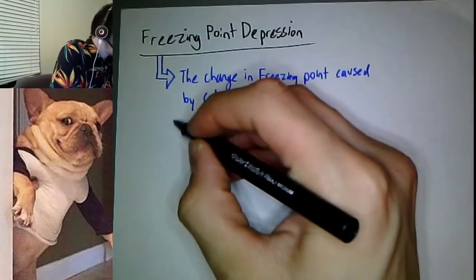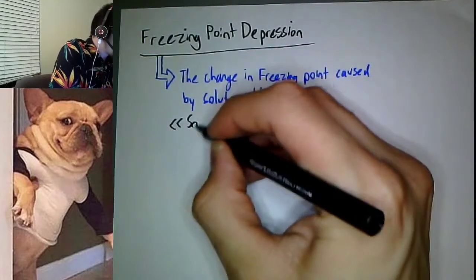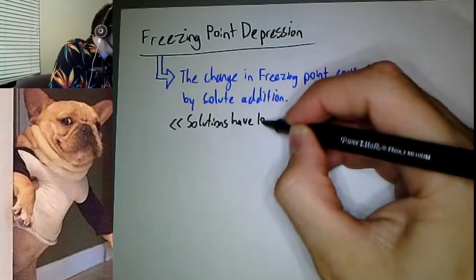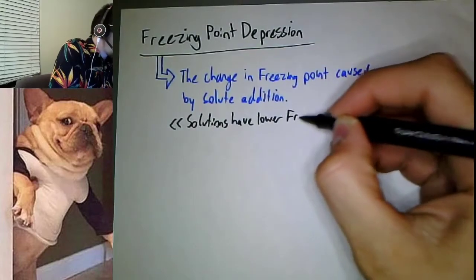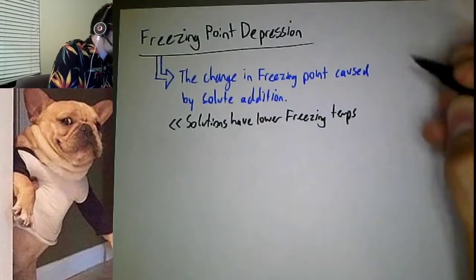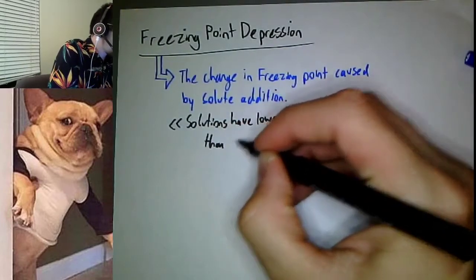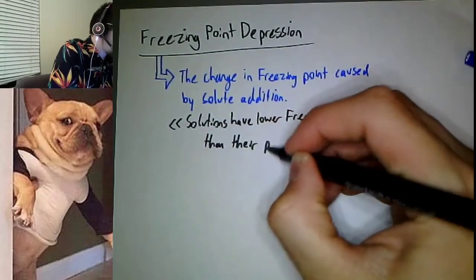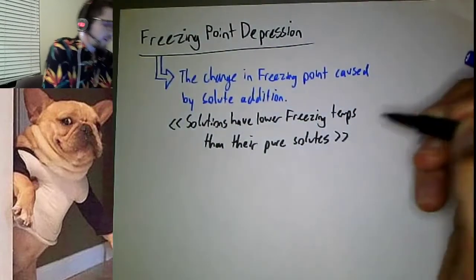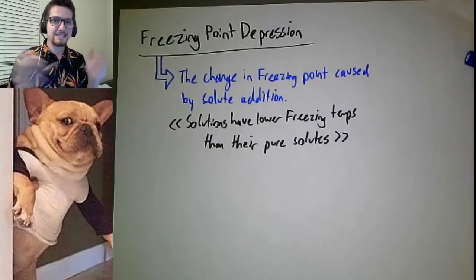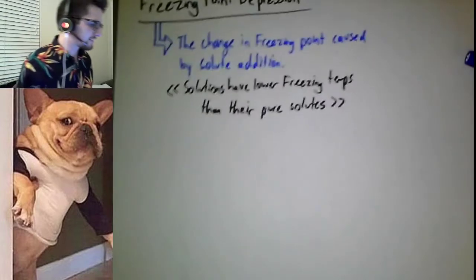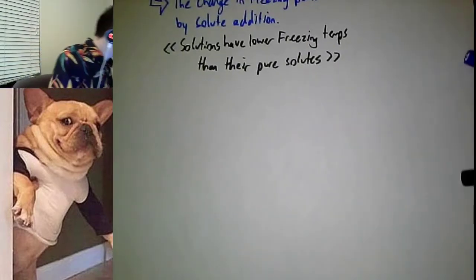Or, and this is the more important one, solutions have lower freezing temps than their pure solutes. In other words, stuff mixed together takes longer to freeze than stuff taken apart. That's really the simplest way possible I can put that.